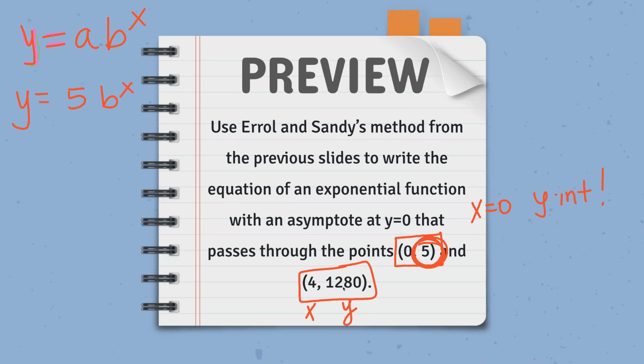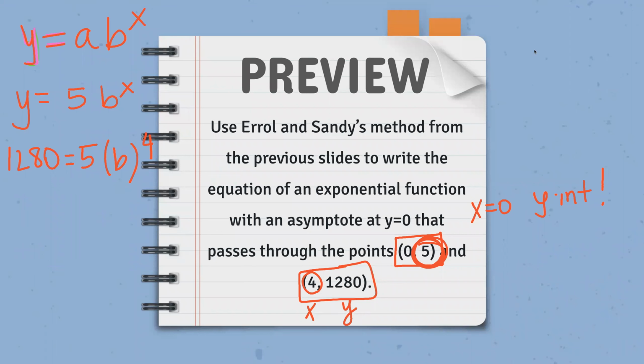So I'm going to plug that in for x and y here. I've got 1280, because that's what y is equal to, 5 times b, which we don't know, to the x, and we know x is 4. Now that we've set up our equation, we're going to solve for b.